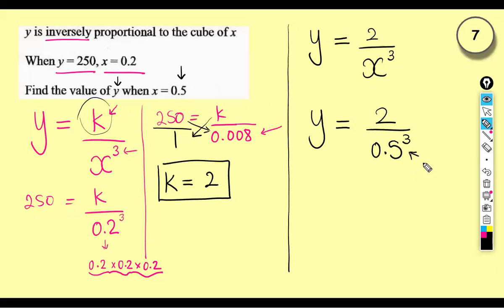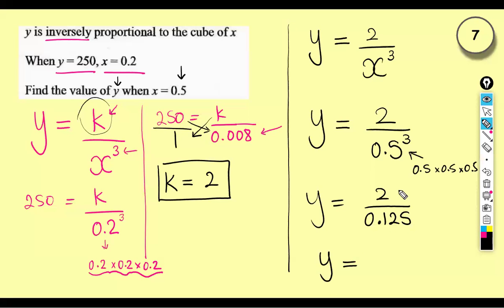In case you need it, 0.5 cubed is 0.5 multiplied by 0.5 multiplied by 0.5. Make sure you're seeing this on your calculator. Let me type it in. 0.5 multiplied by 0.5 multiplied by 0.5. I'm getting 0.125. And when you take 2 and divide it by this, 2 divided by 0.125, I'm getting 16. And a lot of people came in at the end and said the answer was 16. The answer was 16.